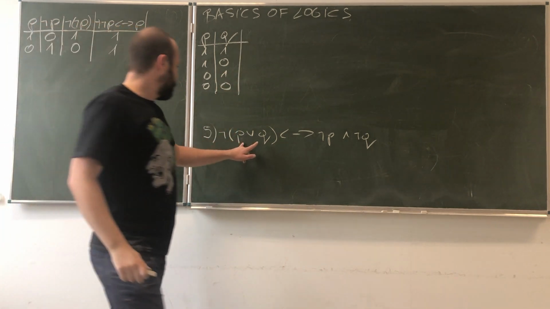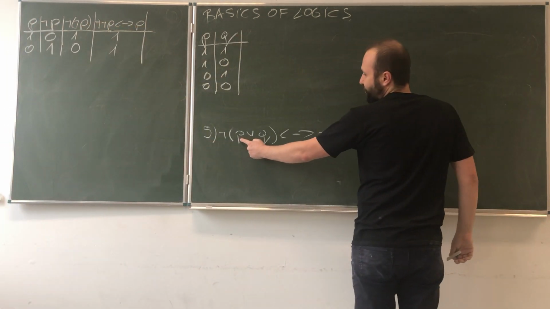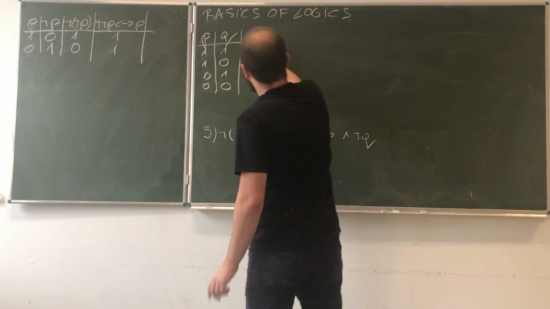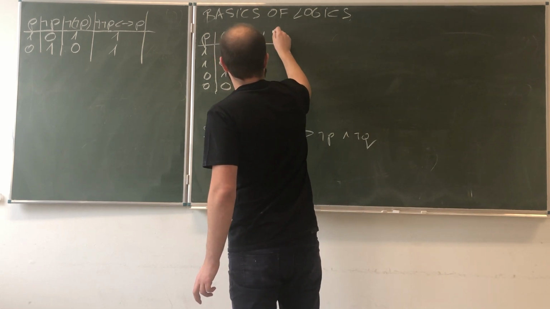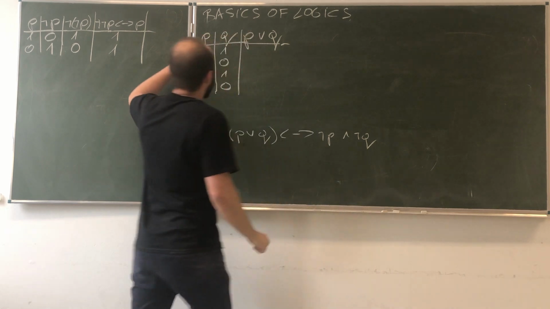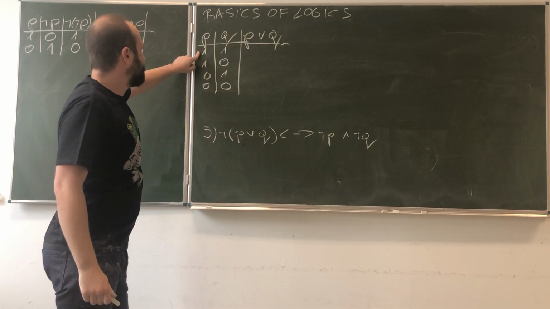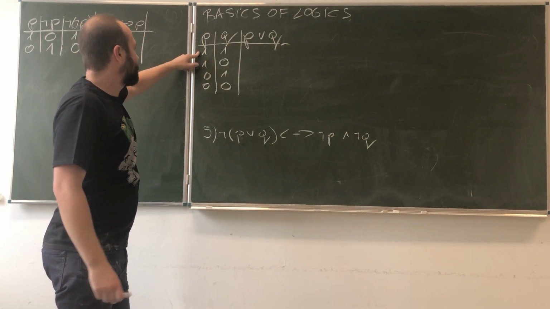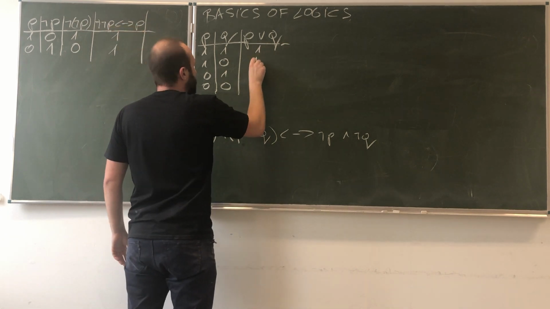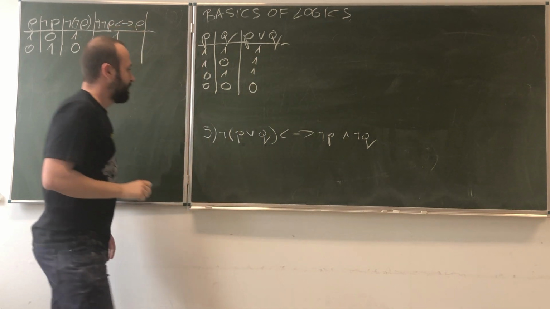Okay, so here we see that we need to start with P or Q. Now, at least one of them needs to be truthful for the entire statement to be truthful. So we've got 1, 1, 1, 0.